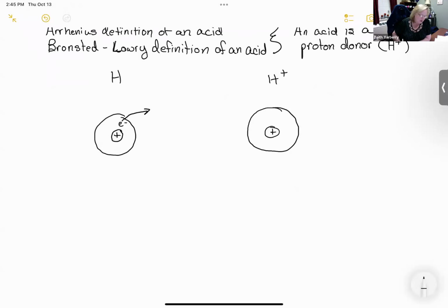Now, when we think about the inorganic acids, what that means is you take a chemical substance that has an acidic proton and you add that substance to water.